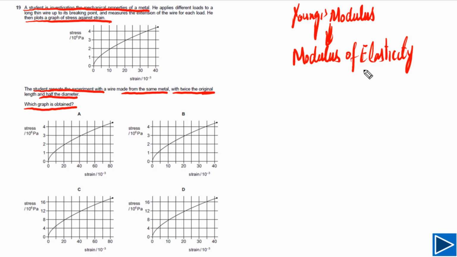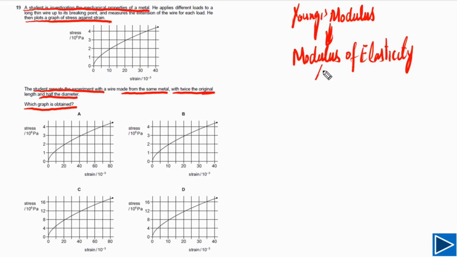If a material has a higher ability to regain its shape, its Young's modulus will be higher. If it has a low ability to regain its shape, its Young's modulus will be lower. For example, Young's modulus of steel is higher than Young's modulus of rubber.